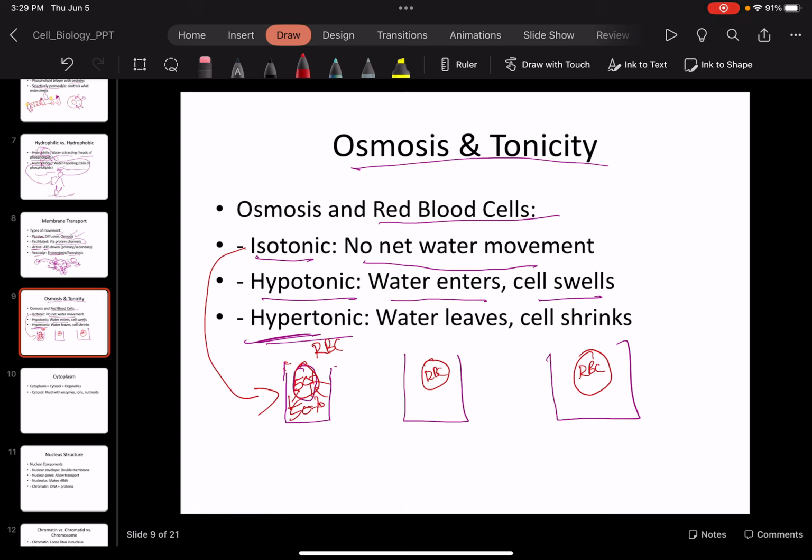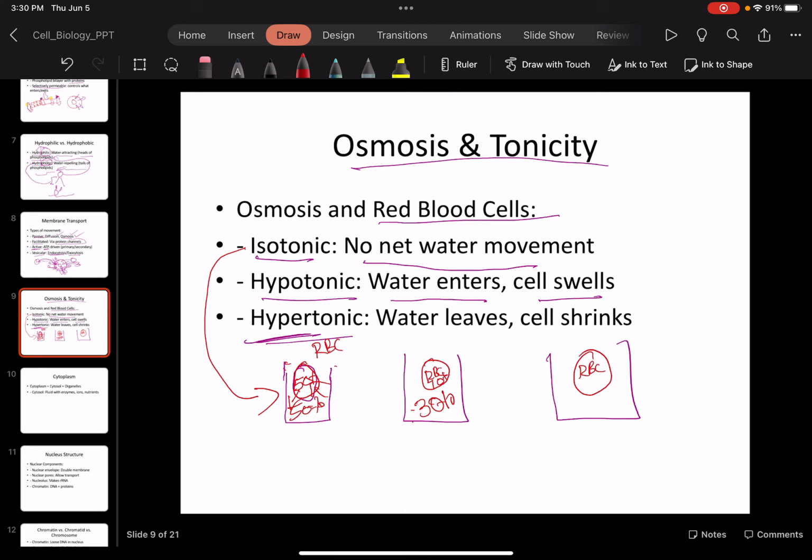Here, another scenario: hypotonic. A hypotonic solution has 30% concentration, so the cell has 70%. Which one is more concentrated? This one. So this solution is less concentrated, so there is more water in here.